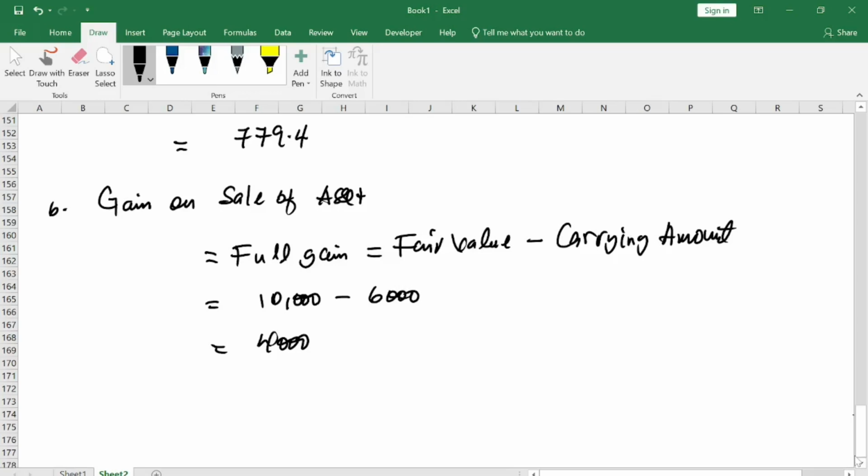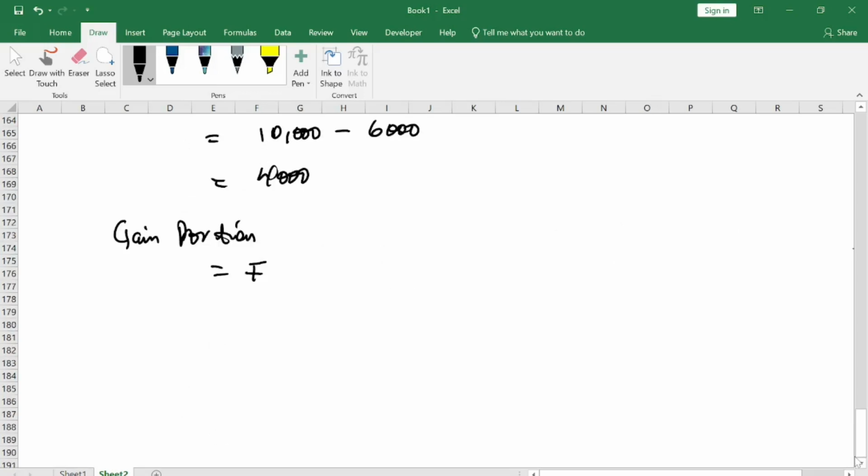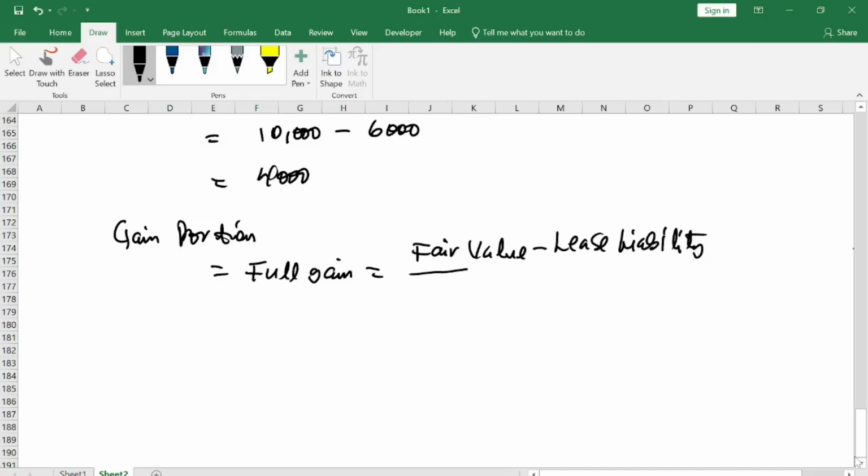All right, so how do we find the gain portion? Now the gain portion also follows a formula. You will have the full gain, which is the fair value less the lease liability, all divided by the fair value.